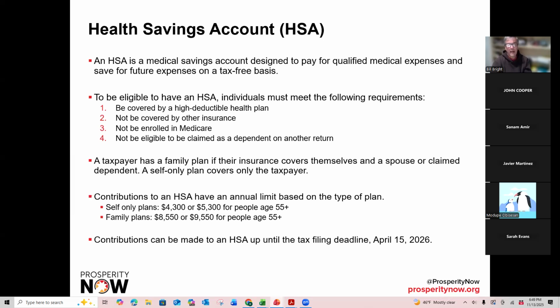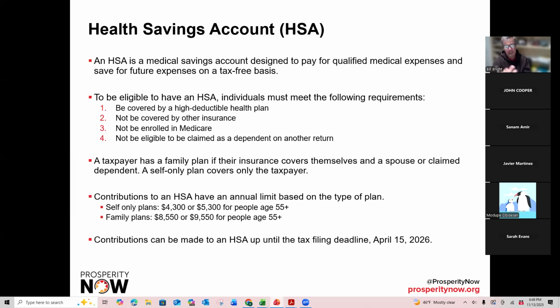That will be covered with a box 12 code W, and that will show what the employer put in. Very few people will ever put anything above that.